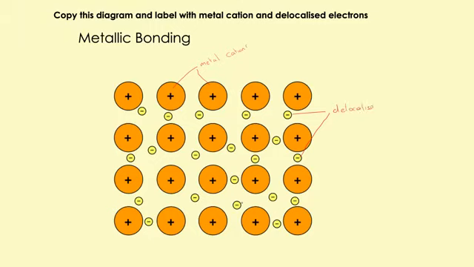It's important that we call them delocalized electrons and not just electrons, because you can see they're not associated with the metal ions. They're free moving. Okay, so these can move, and because you've got charged particles that can move, that means it conducts electricity.